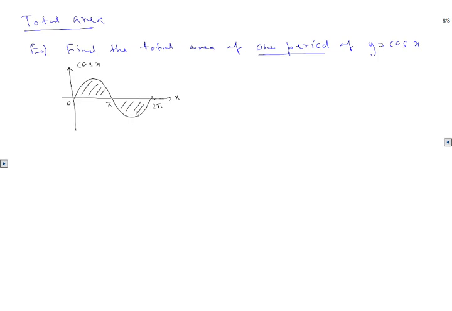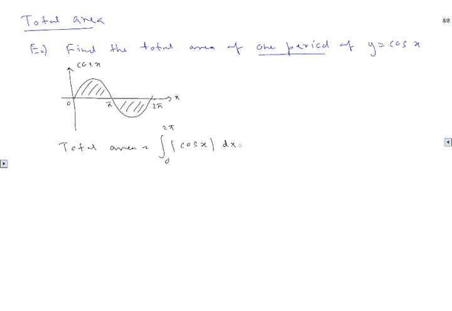Okay, so the total area, you need the absolute value in these two situations. So it is the integral from 0 to 2 pi of the absolute value of cosine x dx.